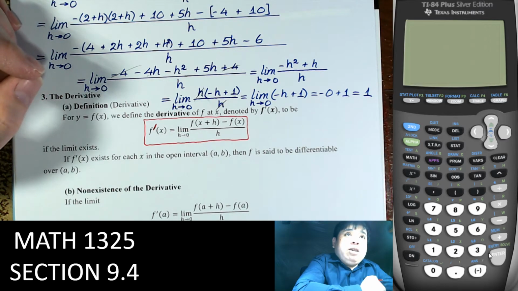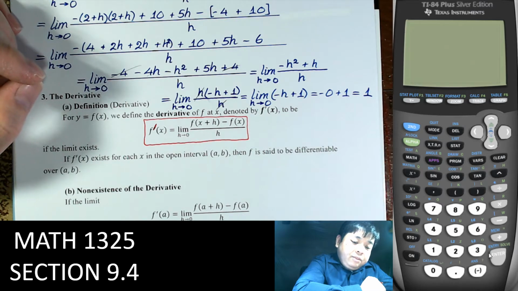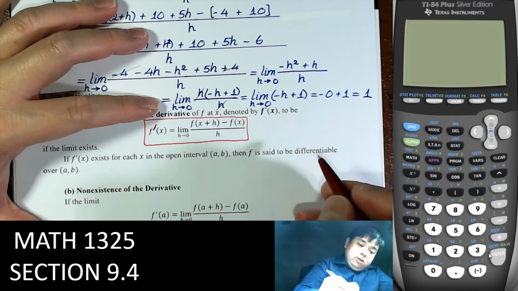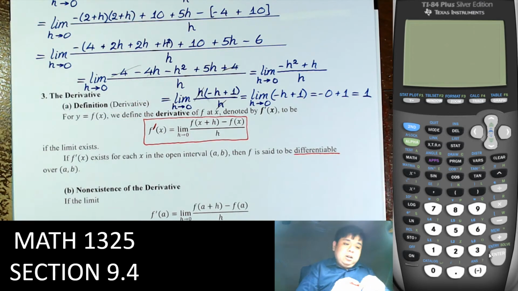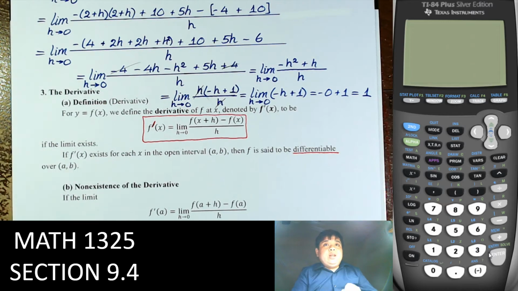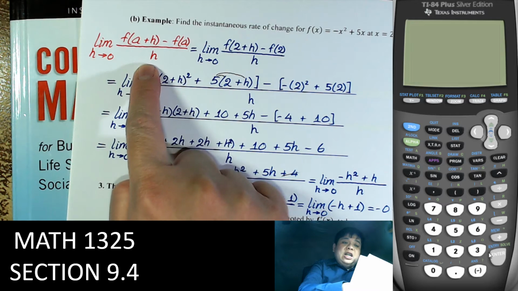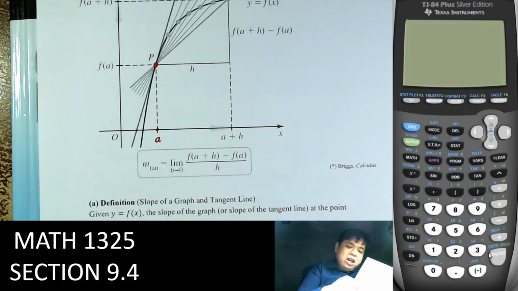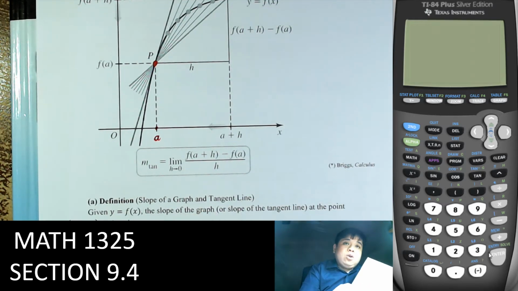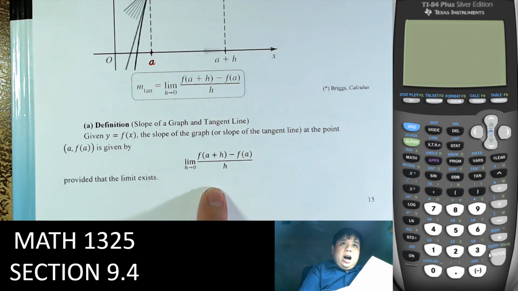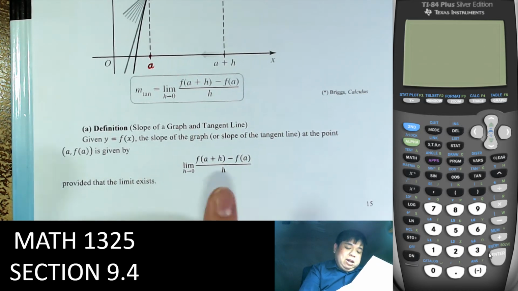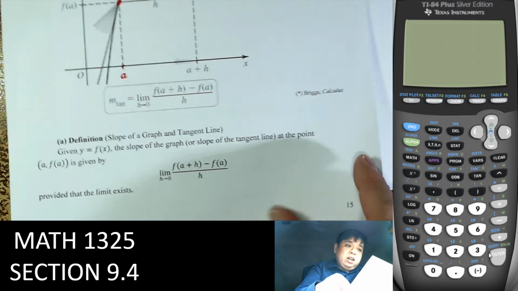And if the derivative exists, then it is said to be differentiable over the interval. Right? So, to recap, that formula is pretty much the instantaneous rate of change, and the instantaneous rate of change is also the slope of the tangent line to the graph.